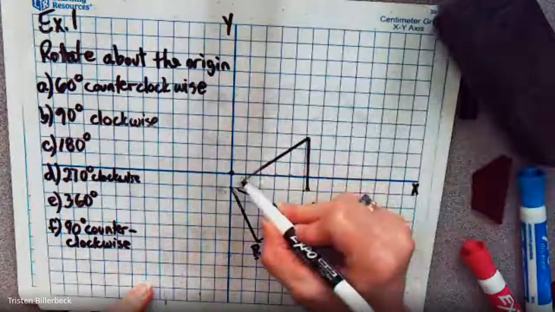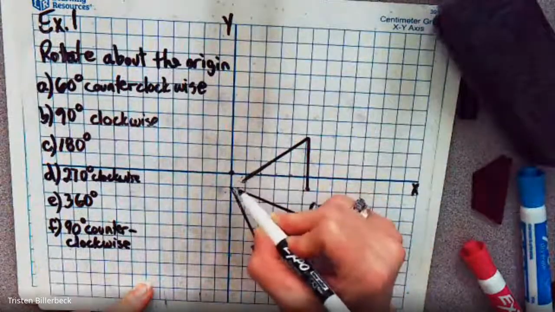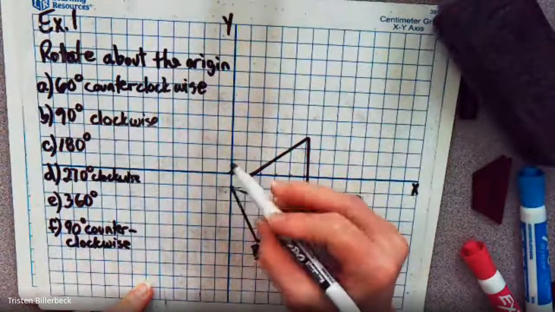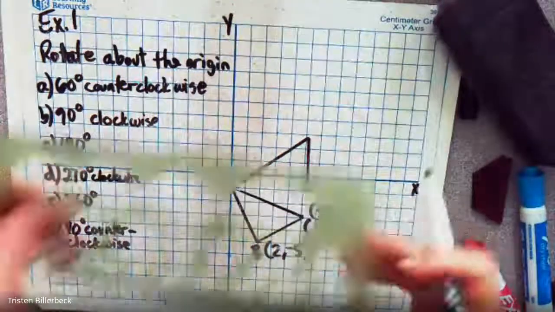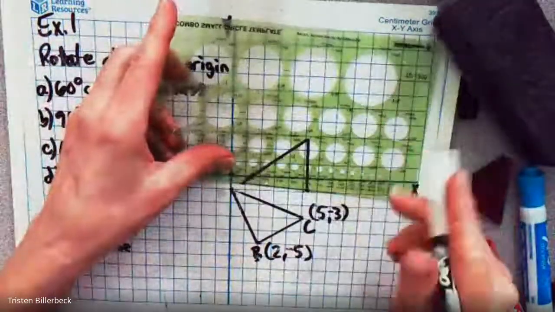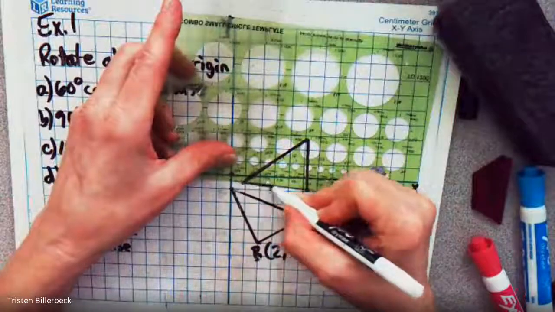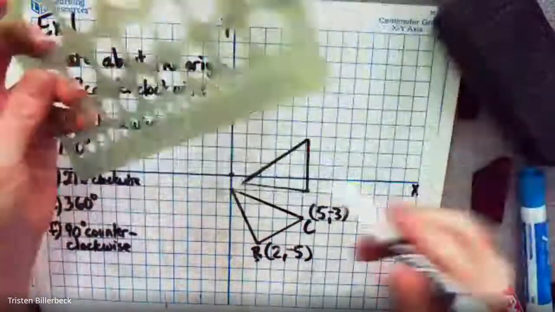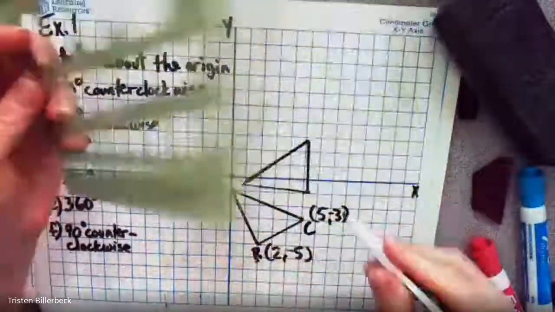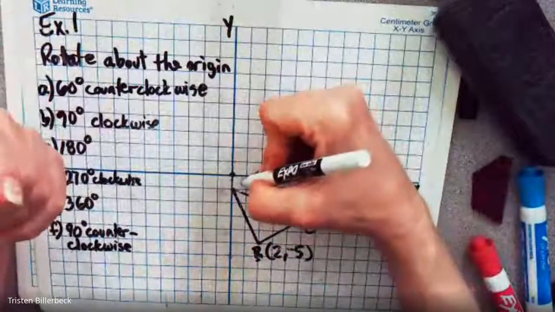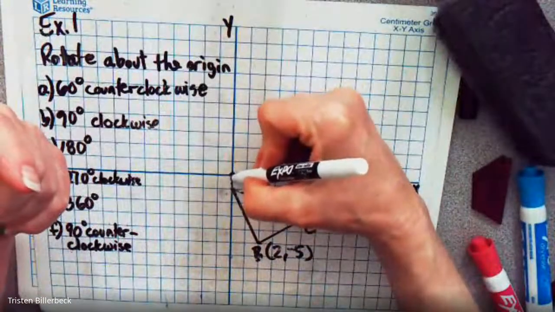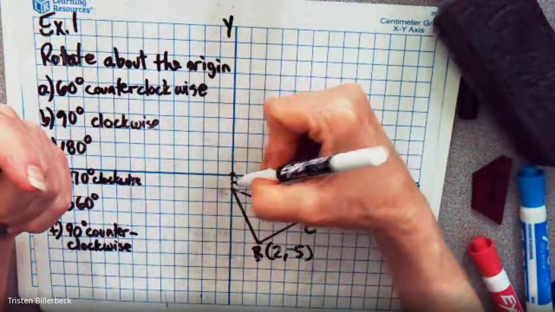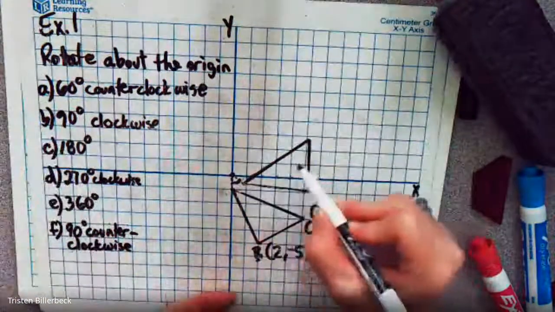Again, I am going to change where A is. So if we look at the angle of these points, I can look at the angle right here and here. This little part here is a 60-degree angle.